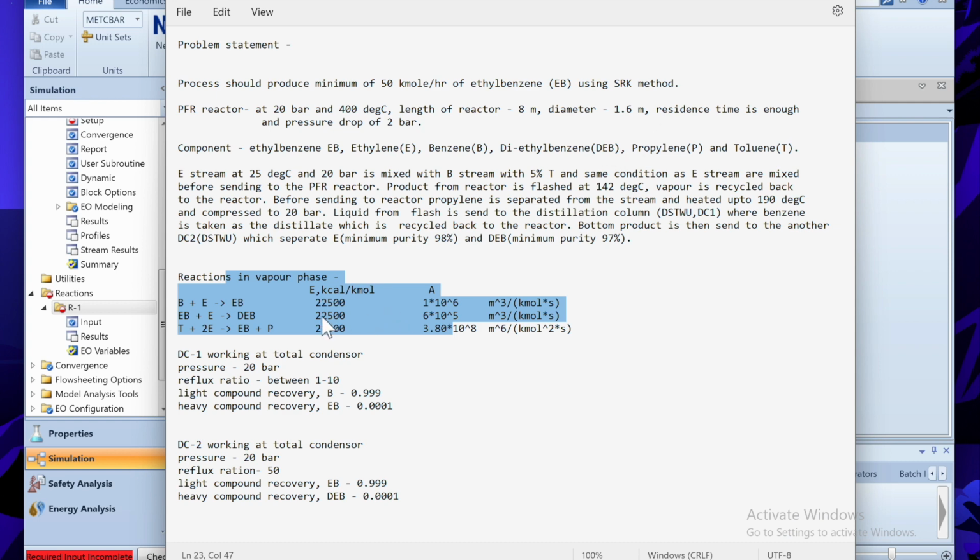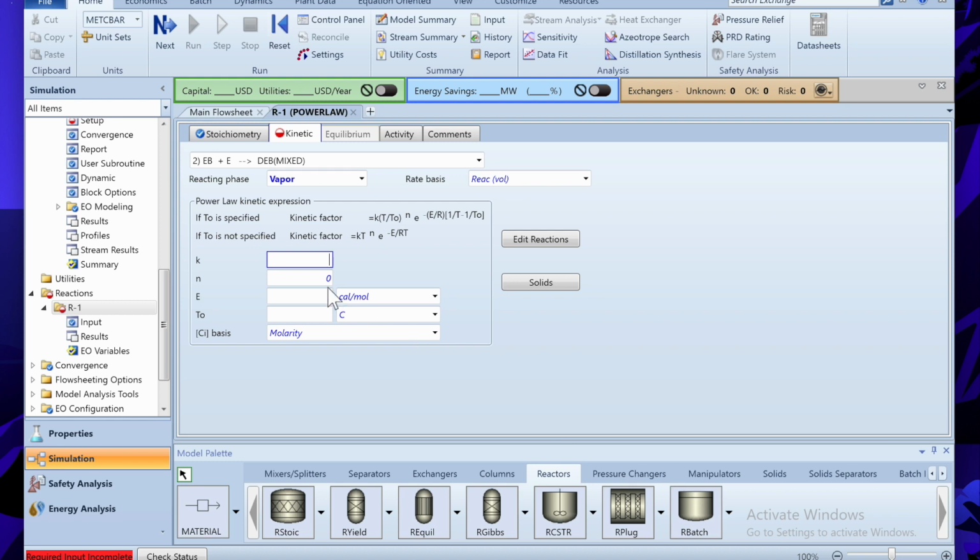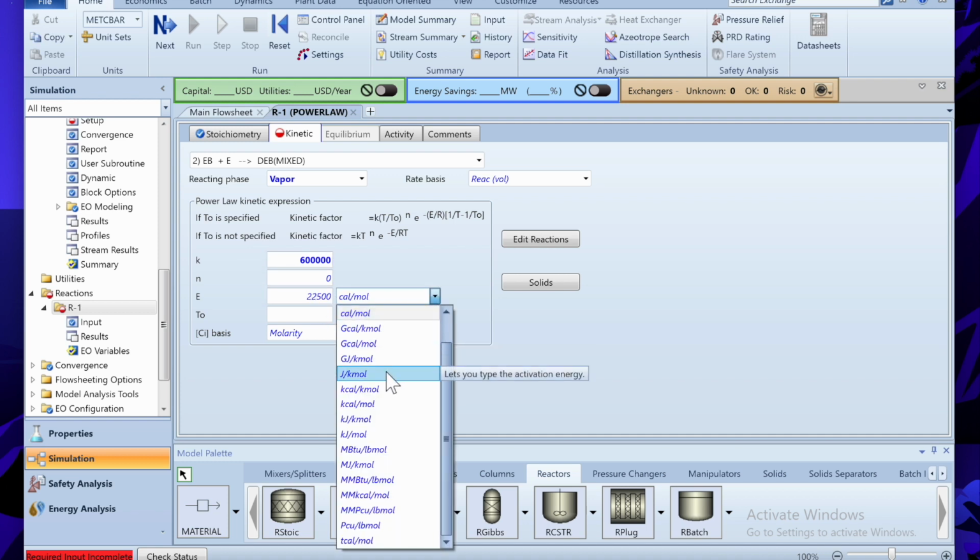So this one is 22,500 kilocalorie per kilomole.